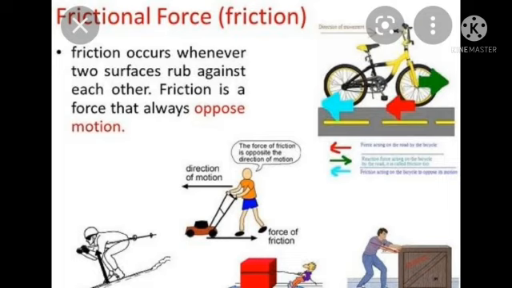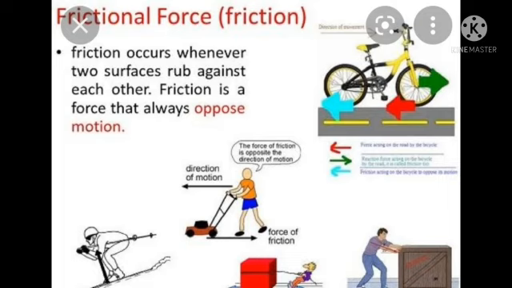Suppose while walking on the road, we push the ground behind with our feet. When the frictional force is absent, we will slip or will not be able to walk. Why?